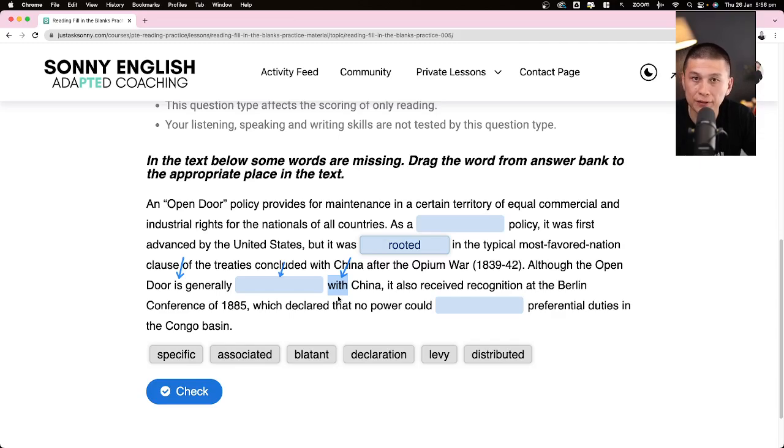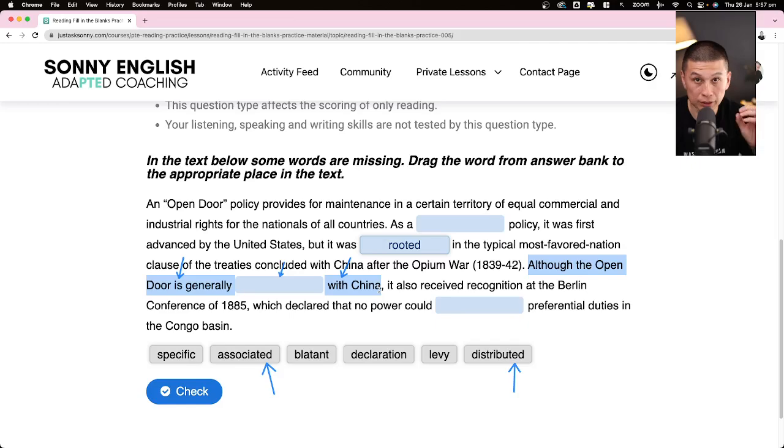We're looking for passive voice. We already got rid of rooted and now we're left with associated and distributed. Okay? So now, which one sounds good with? Associated with, distributed with. Trick question. They both sound good, right? I hope you agree that they both sound good. So what do you think is the correct answer?